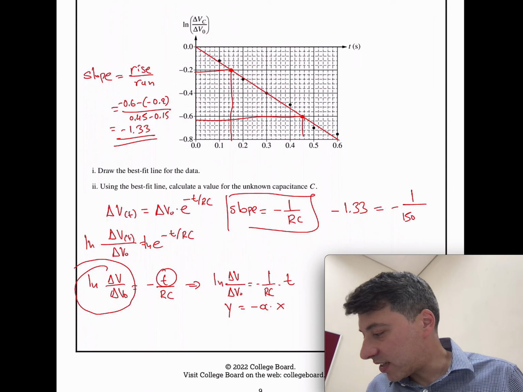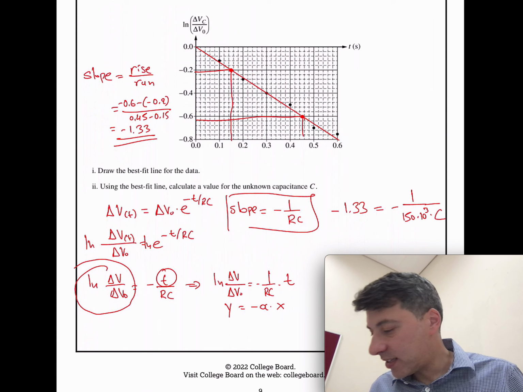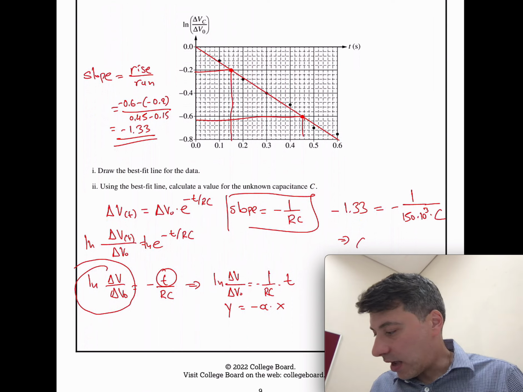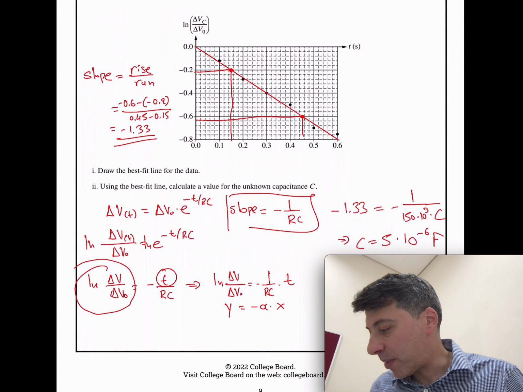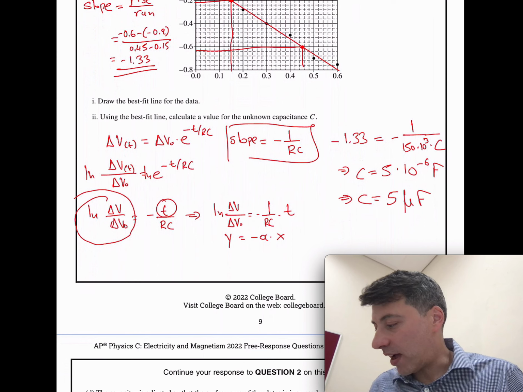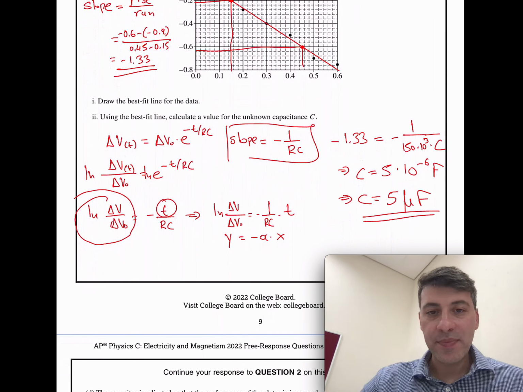So 150 times 10 to the power of 3 multiplied by the capacitance, and from this we bring that 1.33 times 150 times 10 to the power of 3, and we need the inverse value of that, so 1 over the answer. It is approximately 5 times 10 to the power of negative 6 farad, or you can say that the capacitance is 5 microfarad, which is our final answer.